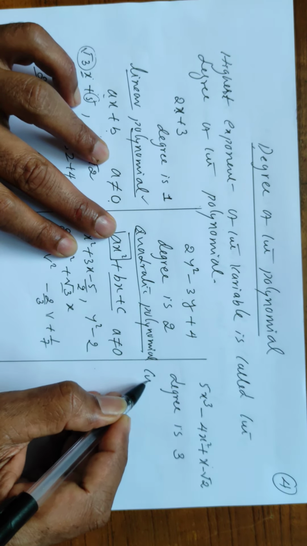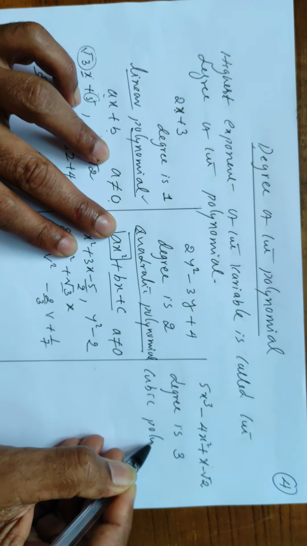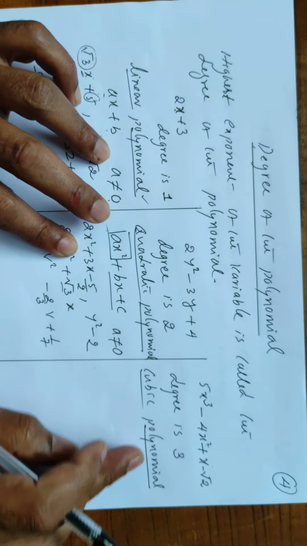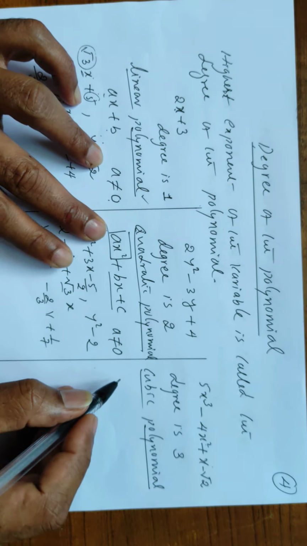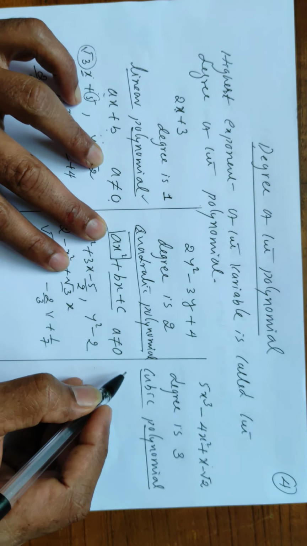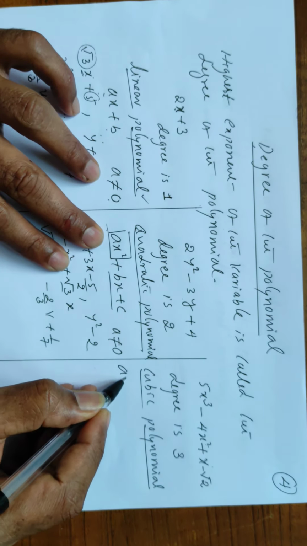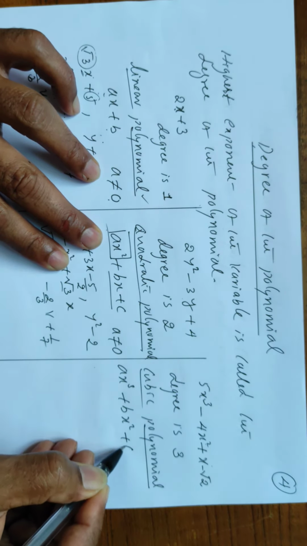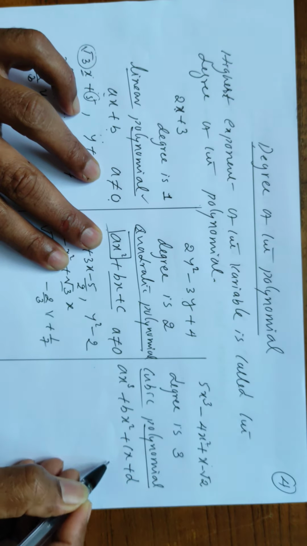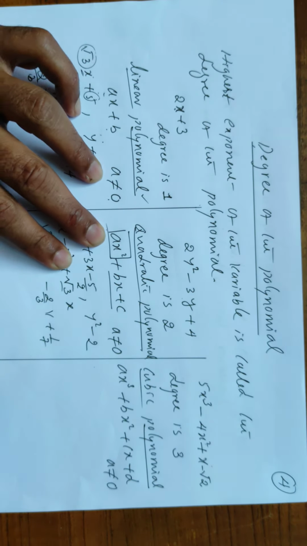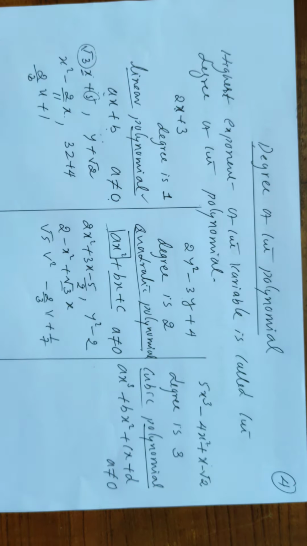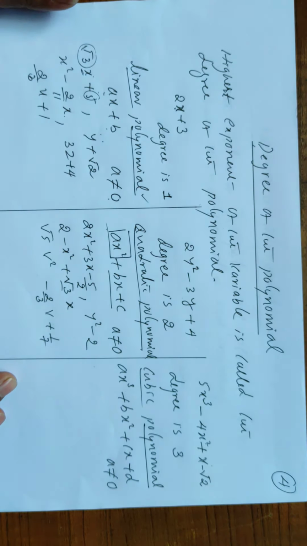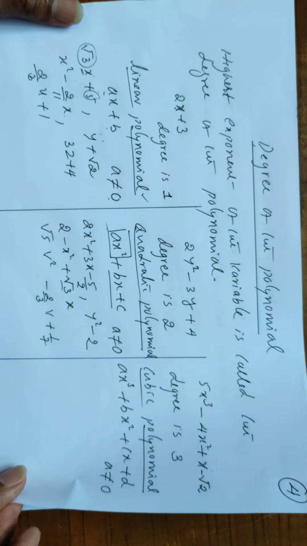So, it is called cubic polynomial. What is cubic polynomial? A polynomial with degree 3 is called cubic polynomial. And the standard form is ax cube plus bx square plus cx plus d, where a is not equal to 0. So, you can write a polynomial of any degree, okay?